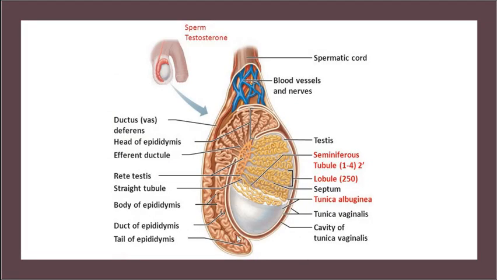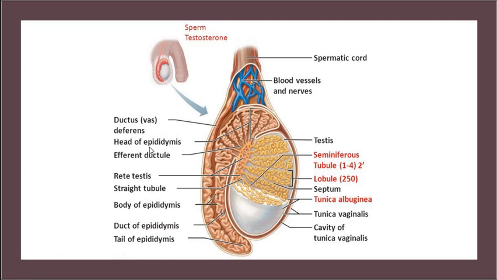This right here is a singular testis. And what you will notice is you have this structure right here that is on the testis, and it is known as the epididymis.